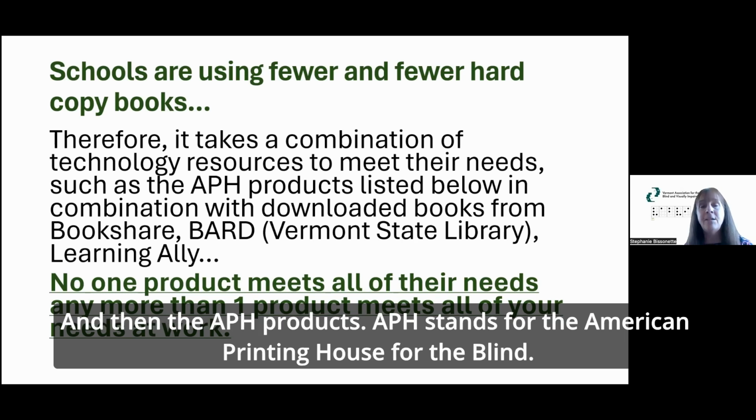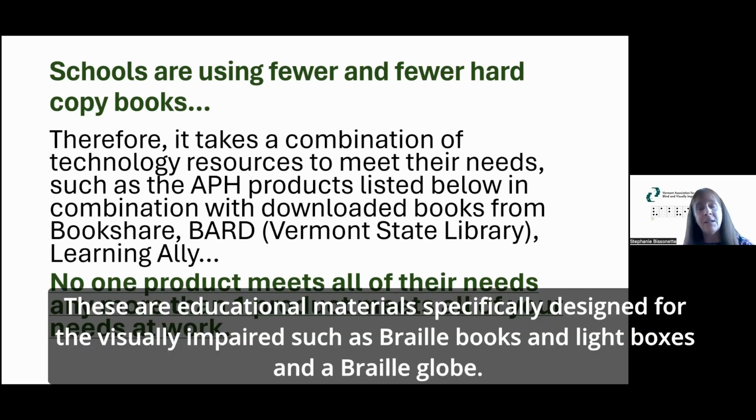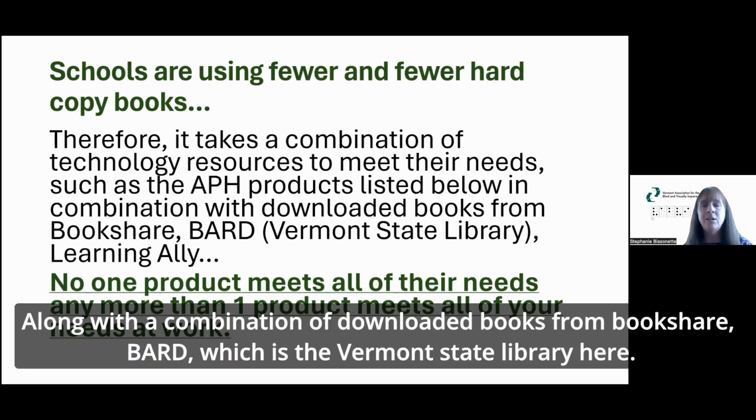And then the APH products. APH stands for the American Printing House for the Blind. These are educational materials specifically designed for the visually impaired, such as Braille books and light boxes and a Braille globe, along with a combination of downloaded books from Bookshare, BARD, which is the Vermont State Library here.